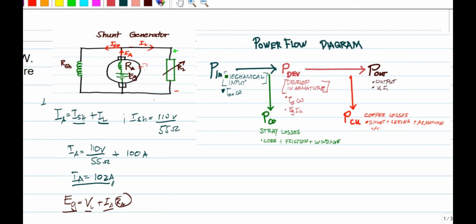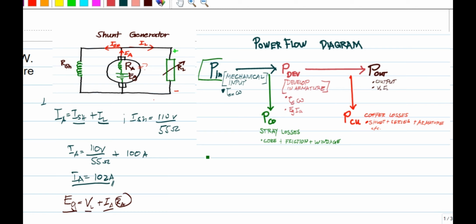So the power flow diagram: P input is the mechanical input, or the overall input of the generator, and P out is the overall output of the generator.